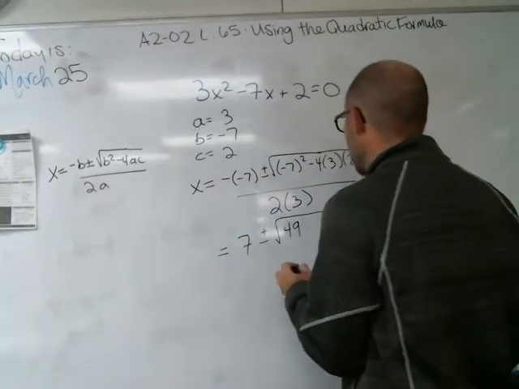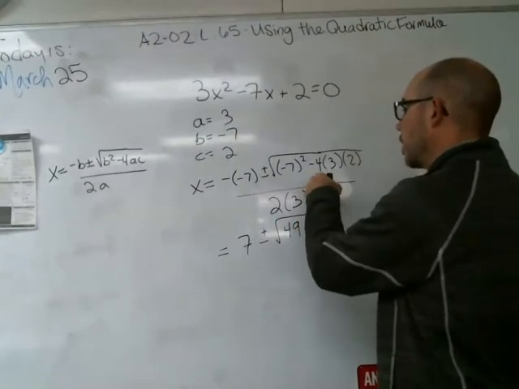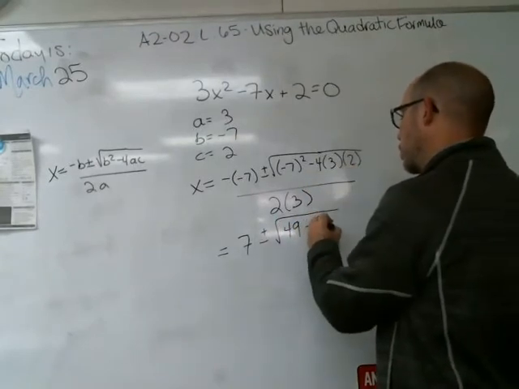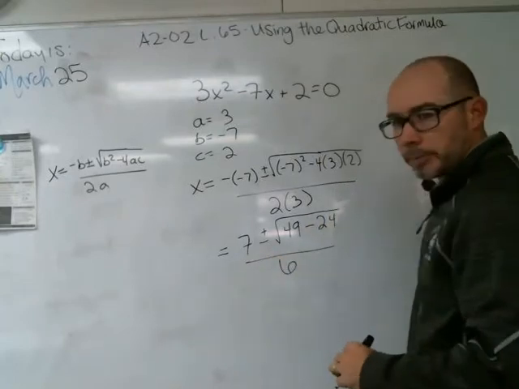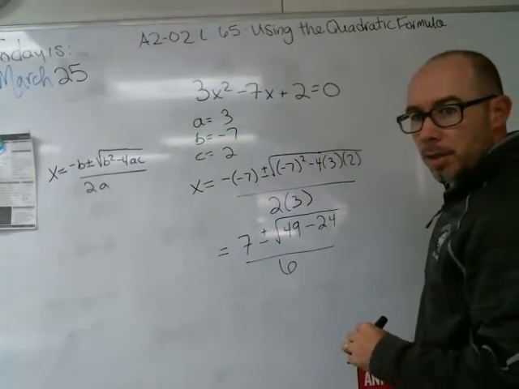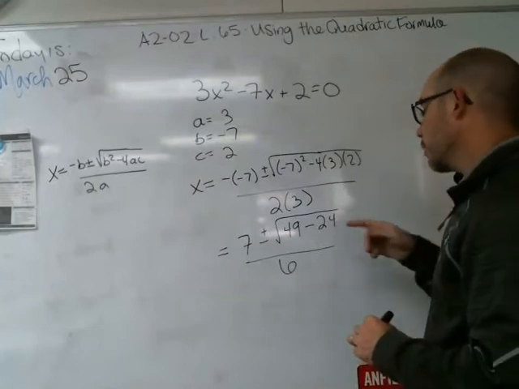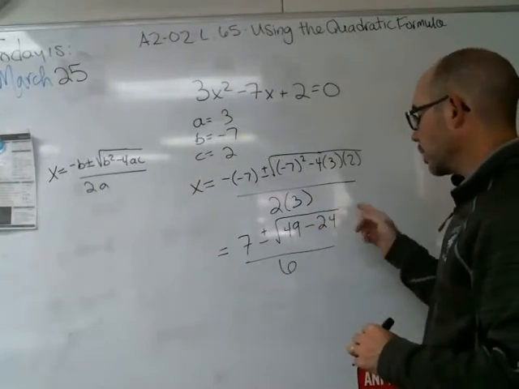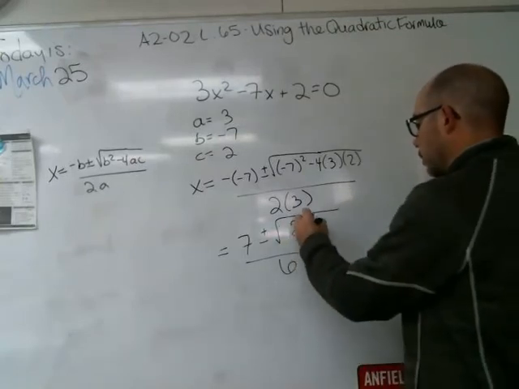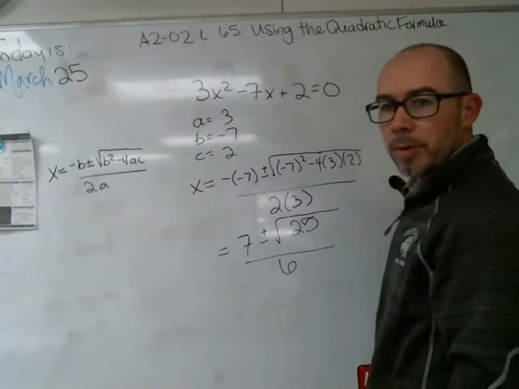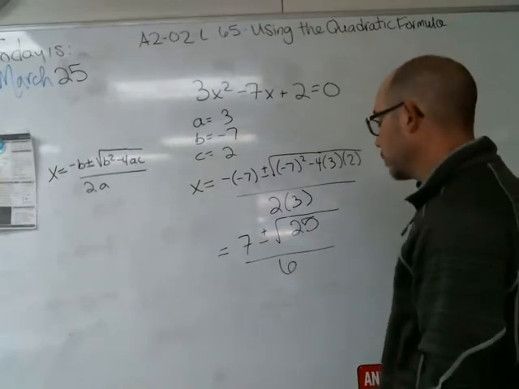That's going to have to be a positive. And then we're going to take away from that 12 times 2 is 24. And we'll do this over 6. Almost done. 49 minus 24 is 25. Square root of 25 is 5.